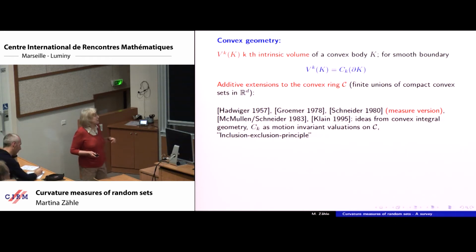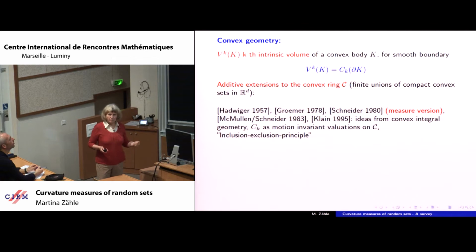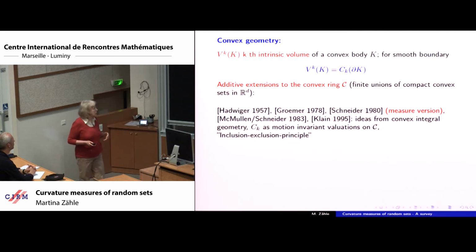There is a misprint on the slide here. C_k agrees with V_k in the convex case; only the definition is different, but they coincide. You have two approaches, one within convex geometry, the other in differential geometry, but if your convex body has a smooth boundary, the values agree with each other. This is also known.